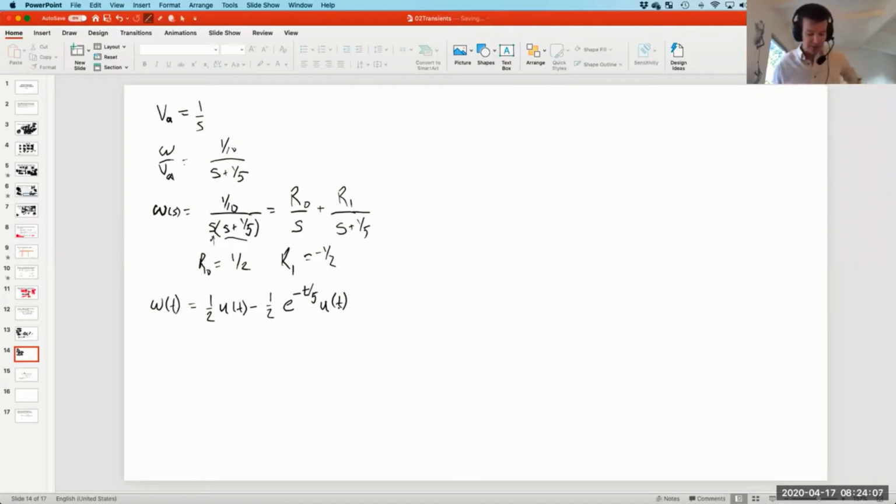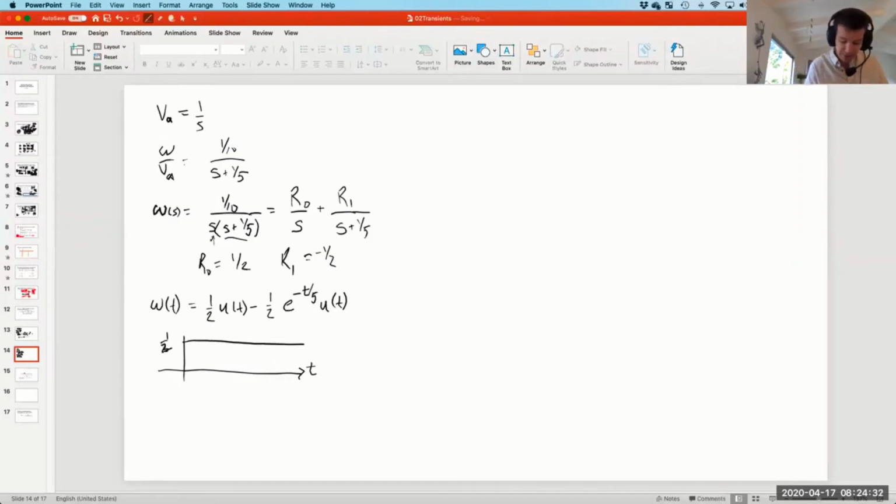So how should we figure the settling time for this? Well, I think that's much easier to do if you can visualize what this graph looks like in your mind. Its steady state value is 1/2, right? Because when this exponential dies away, the only thing that's left is the first term.